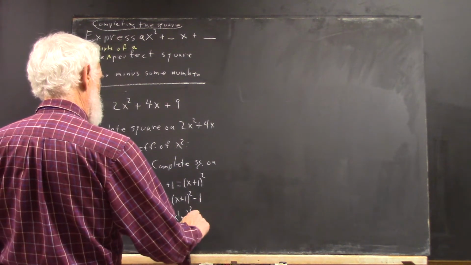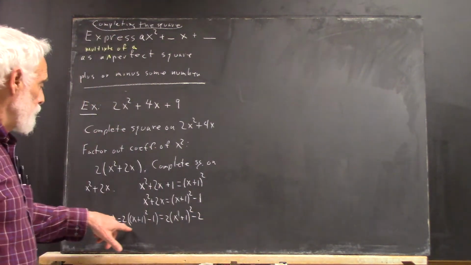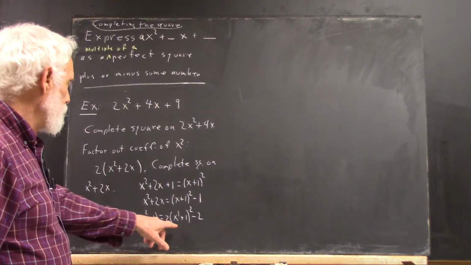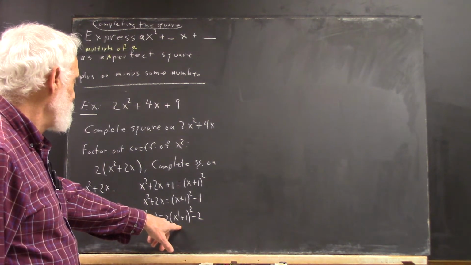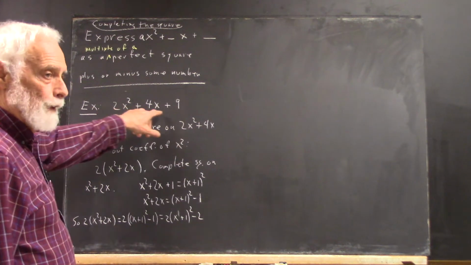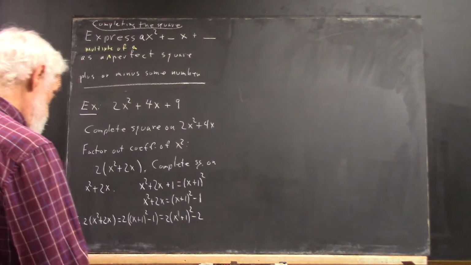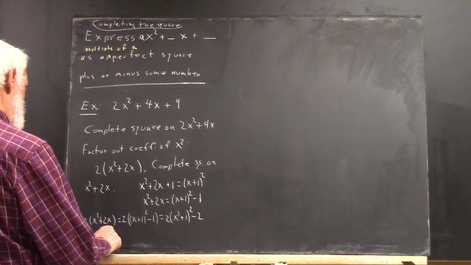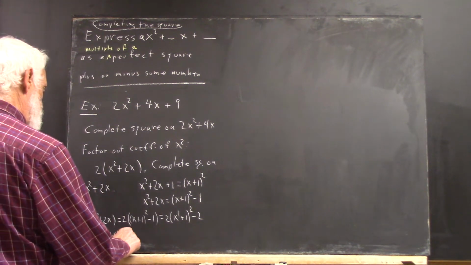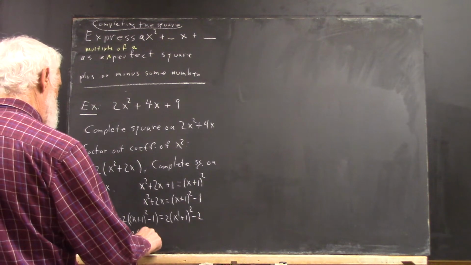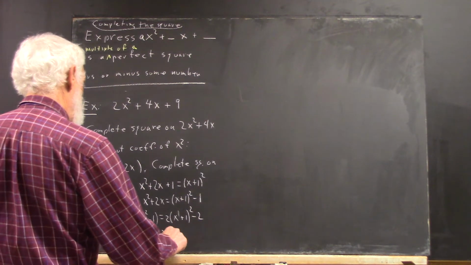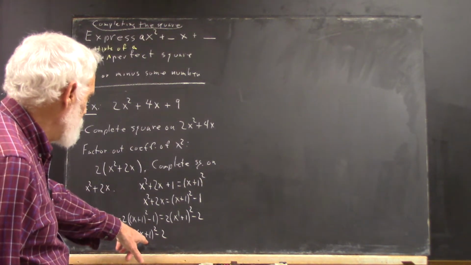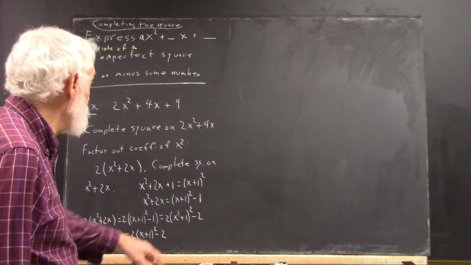Careful, I'll do what I almost did. Okay, which is 2 then, well, distributive law. So 2 times this equals this. Now, of course, that's what we have here. So 2x squared plus 4x is 2 times the quantity x plus 1 squared minus 2.